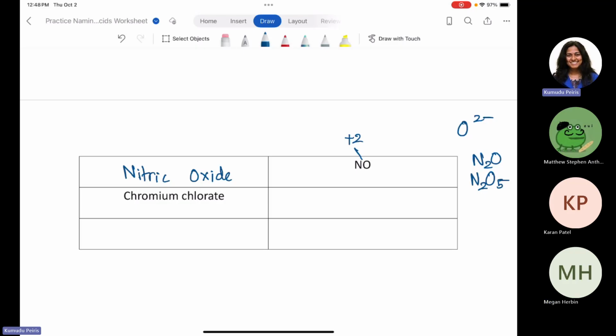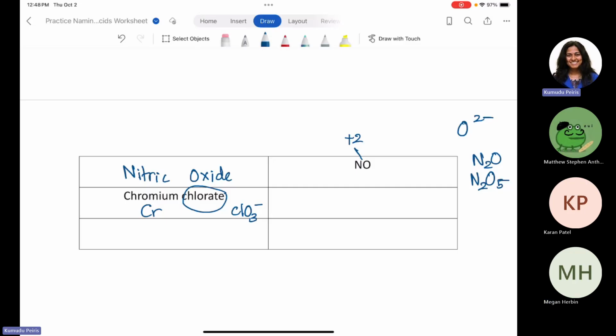Next one, chromium chlorate. Okay, chromium is this. The chromium is a transition metal. Since it's a transition metal, it can make different types of ions. So now we must know the charge of the chlorate. ClO3 minus, the chlorate ion.